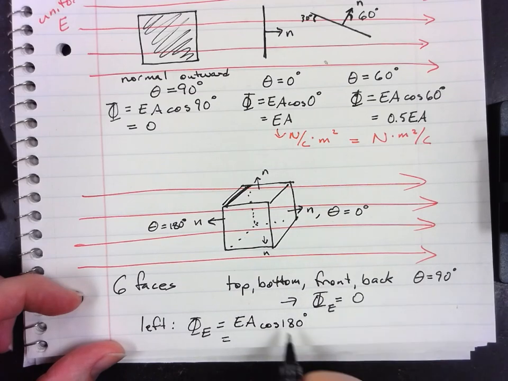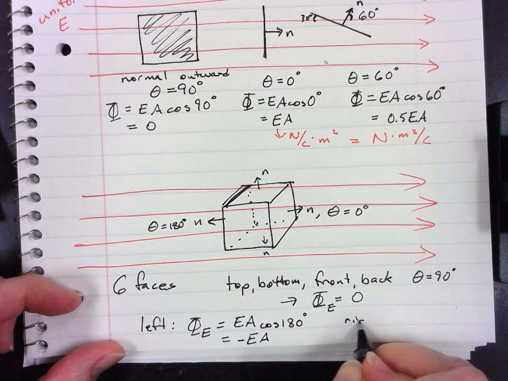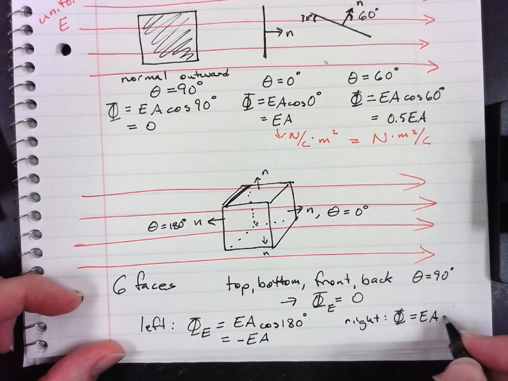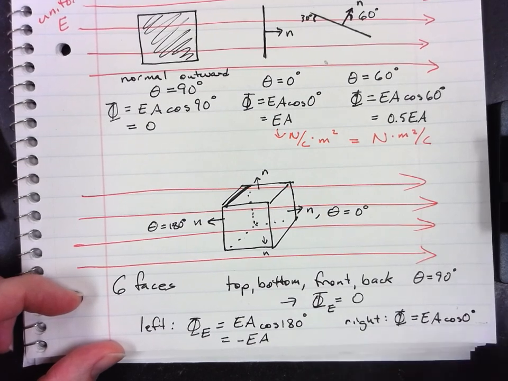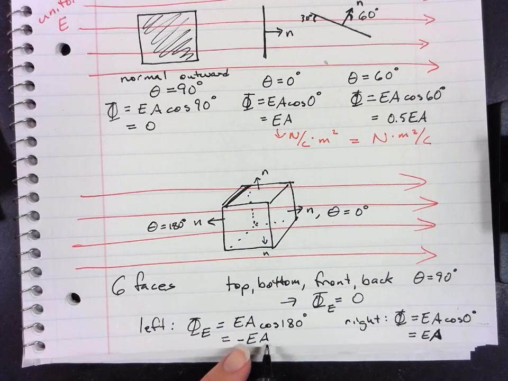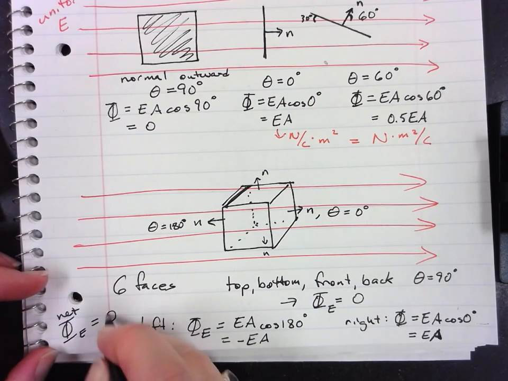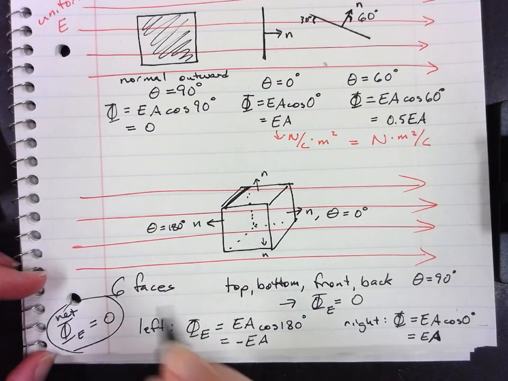Well, that's a negative 1. So this is minus EA. On the right side, we get EA cosine 0. Cosine 0 is 1, so this is EA. So if we add the 6 faces up, 0, 0, 0, 0, negative EA, positive EA, our net flux equals 0.